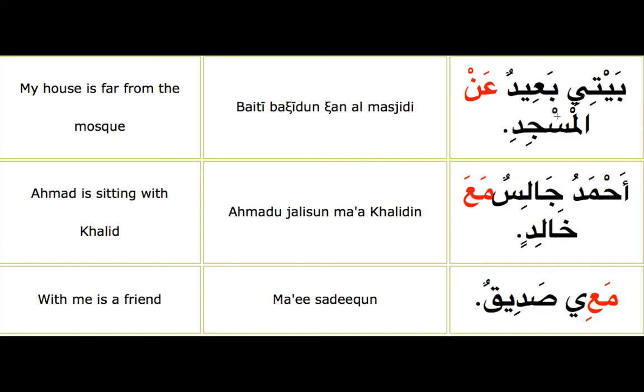Ba'idu an, qareeb min. That is how they are used. Baiti ba'idu anil masjidi, my house is far from the masjid. If you want to say qareeb, you will say baiti qareebun minal masjid. Qareeb comes with min, ba'id comes with an. Always remember this.